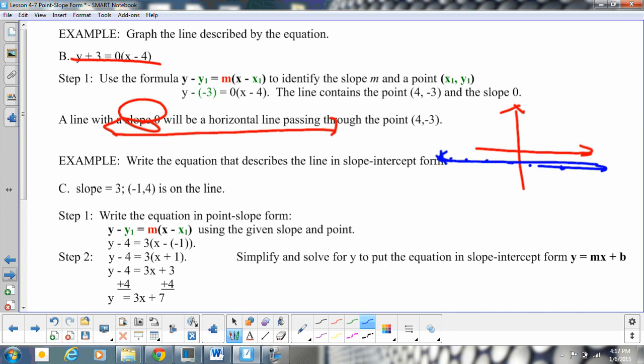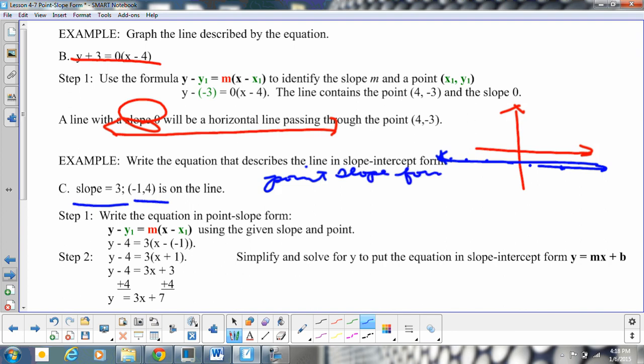The next example says write an equation that describes the line in slope-intercept form. Let's think about this. We're given the slope. We're given a point on the line. How will we write the equation? Notice this is different. Before, we were told to write an equation in point-slope form.